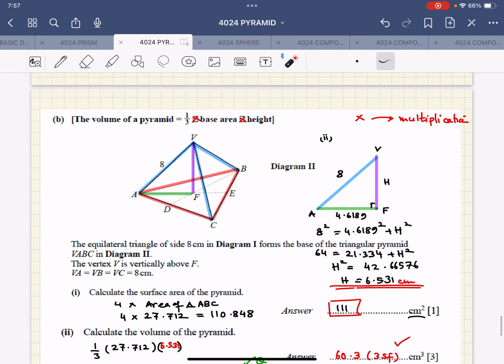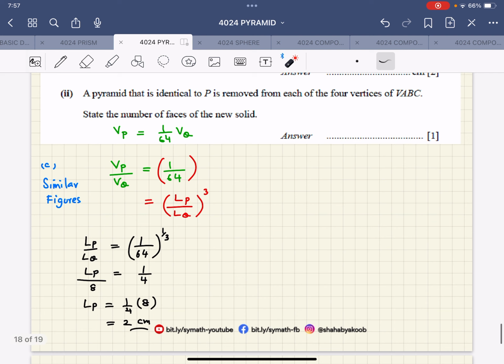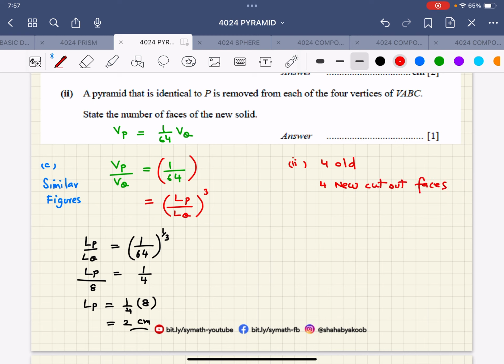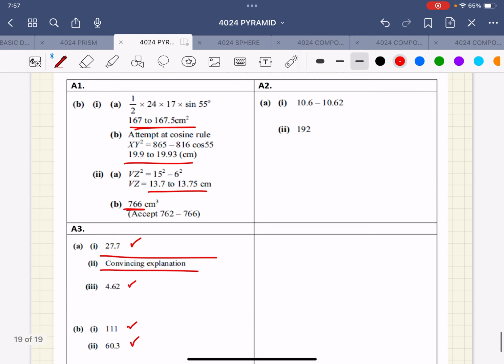When we remove a pyramid from one of the corners, there are already 4 faces, and we are creating a new face at each cut. So there were 4 old faces, 4 new cut out faces, that adds up to 8 faces for the new solid.